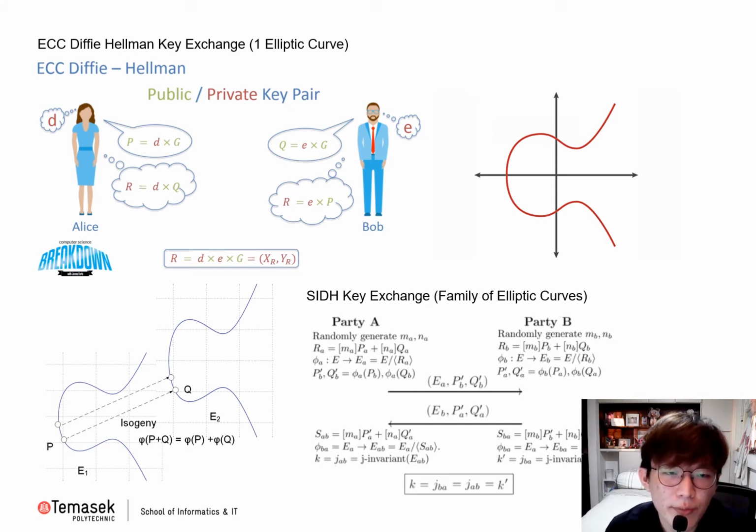So the public key is generated through their private key and G. Then they swap Q and P with each other, so they send their public key over to each other, and they generate this thing called R. And R is a point on the elliptic curve. That's why it's called elliptic curve cryptography. So R is a point where they take their private key as well as the public key of the peer.